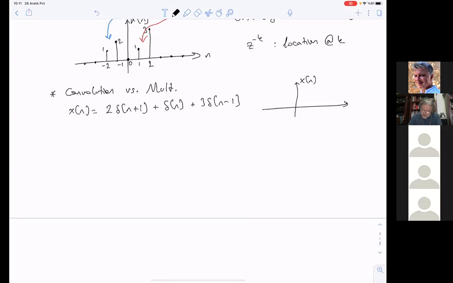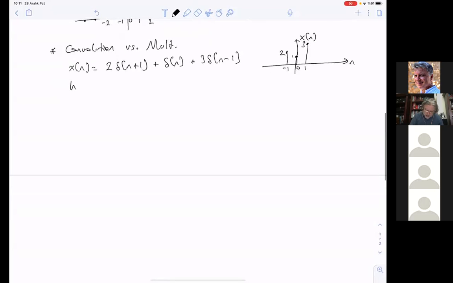This is x of n, which has value 2 at -1, value 1 at 0, and value 3 at 1. X of n is like this. It's consisting of 3 unit samples.